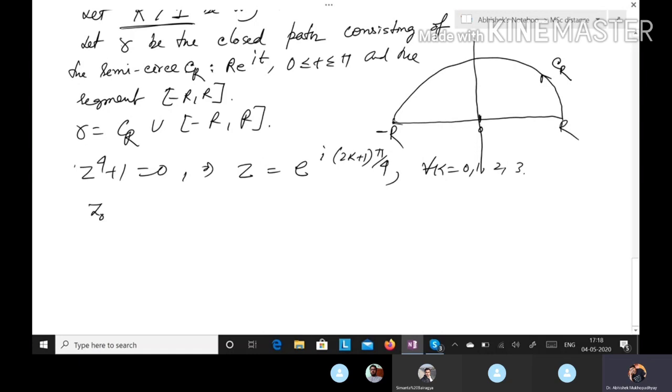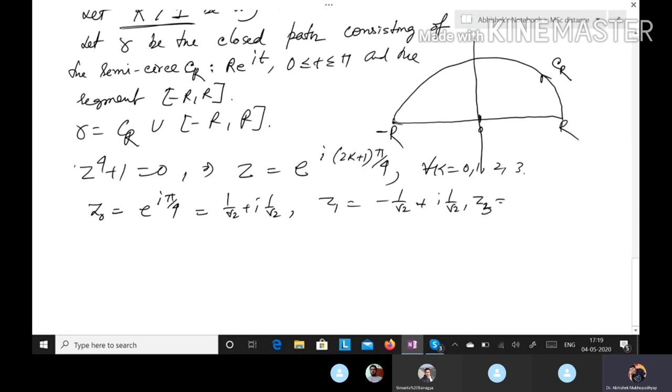Explicitly we can write them as z0, which is e to the power i pi by 4, that is 1 by root 2 plus i 1 by root 2. Another one is z1, which is minus 1 by root 2 plus i 1 by root 2.